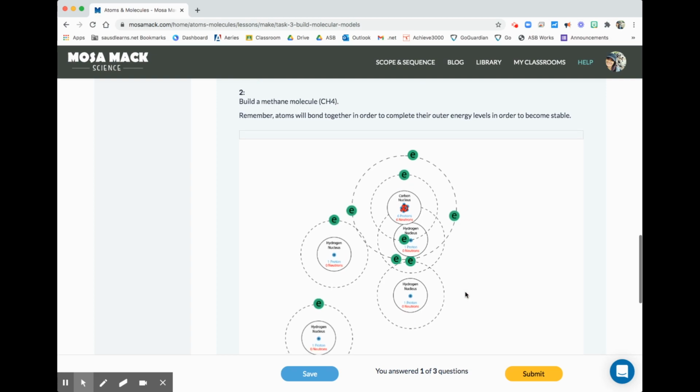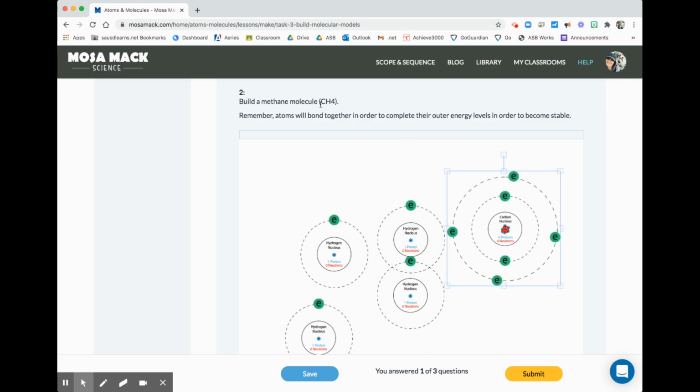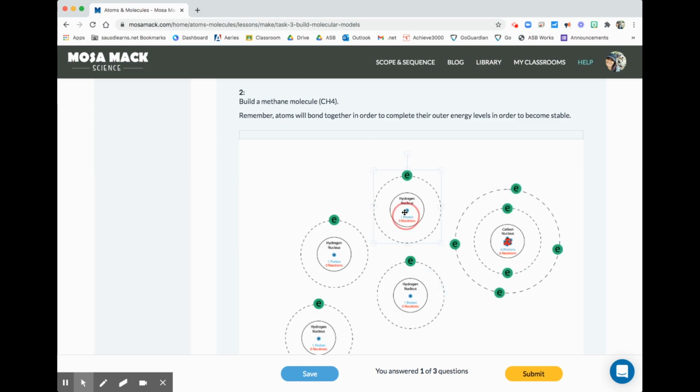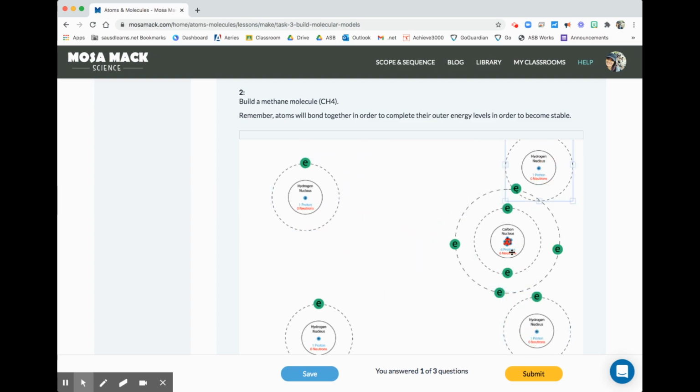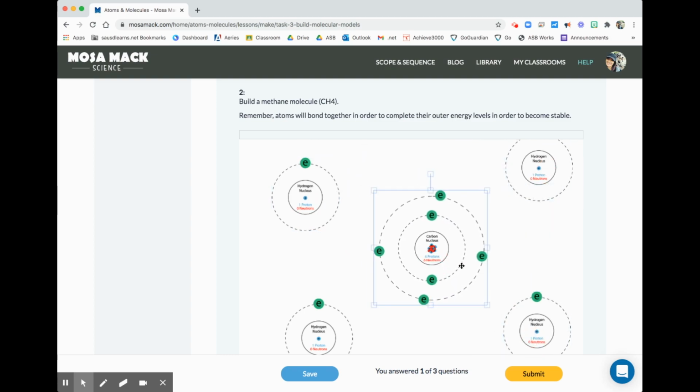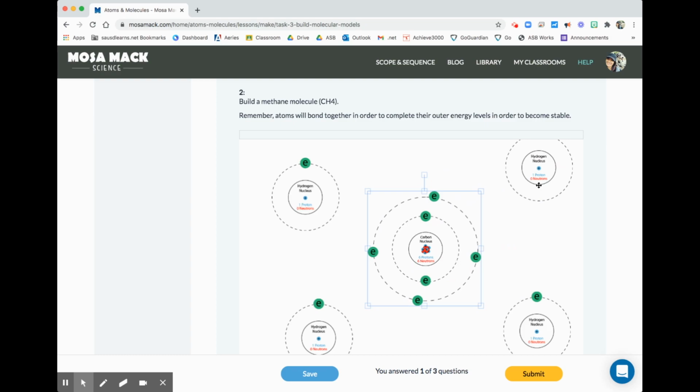Moving on to question 2, you are going to build one methane molecule. A methane molecule is CH4. C is carbon, and H, you guys already know, is hydrogen. So what are you going to do with these carbon and hydrogen molecules?